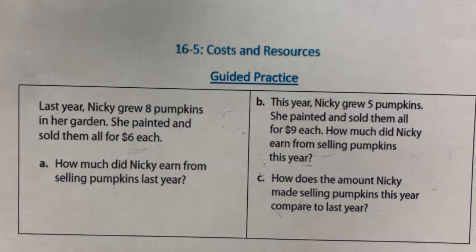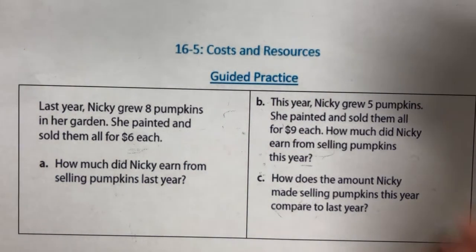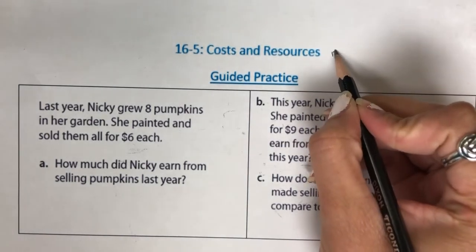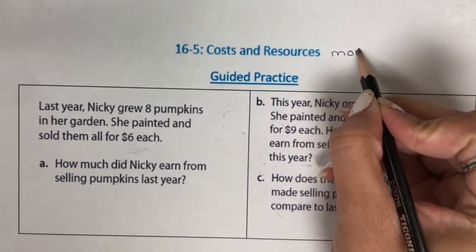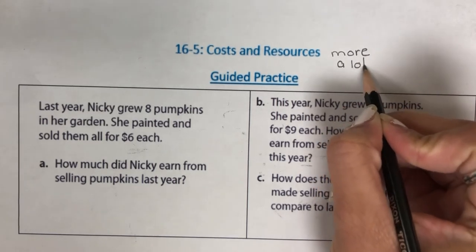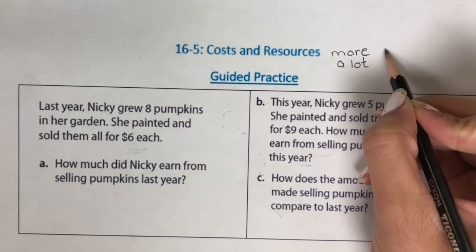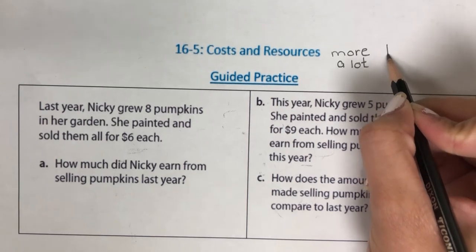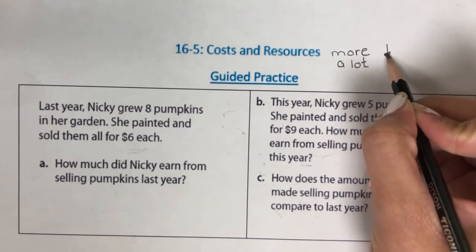What we need to remember in this lesson is that if there is more of something, or if there is a lot of something, the price will go down.